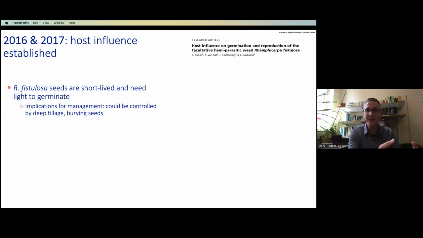Better yet, they need to be in the soil because they need to be close to host roots. Rhamphicarpa fistulosa seeds can germinate just as ordinary weeds. This has implications for management. They could, for instance, be controlled by deep tillage, by burying the seeds into deeper soil layers. If they're not exposed to light, they will not germinate.